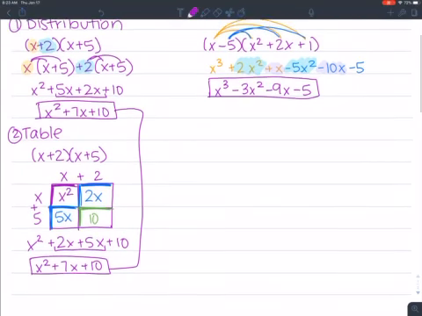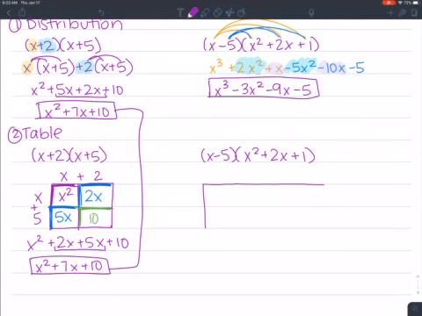Now the difference with this is because for the second example, if I'm going to do x minus 5 times x squared plus 2x plus 1, then I have a binomial times a trinomial. So I'm going to put the trinomial along the longer side. And then I'm going to do x minus 5 here, x squared plus 2x, and plus 1 here. And we're going to do the exact same thing.